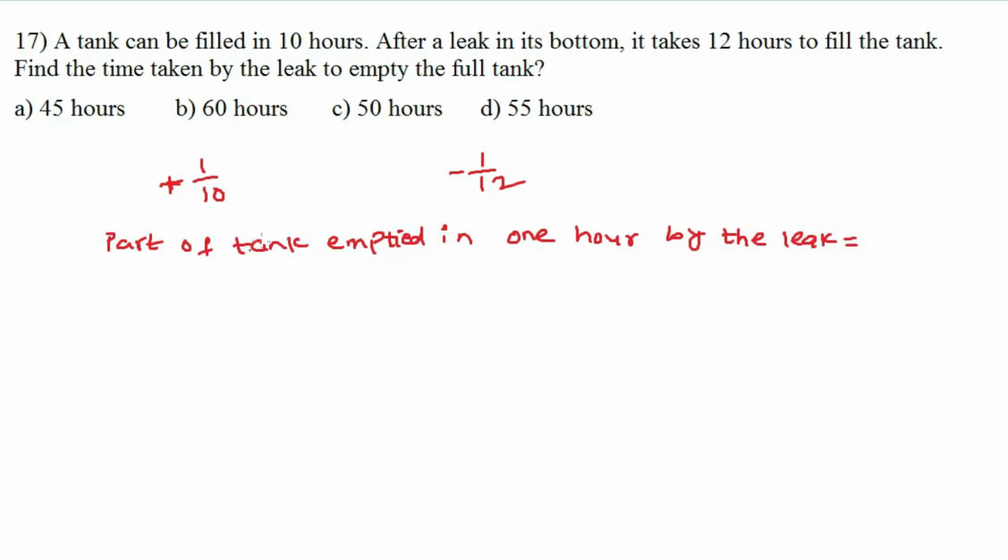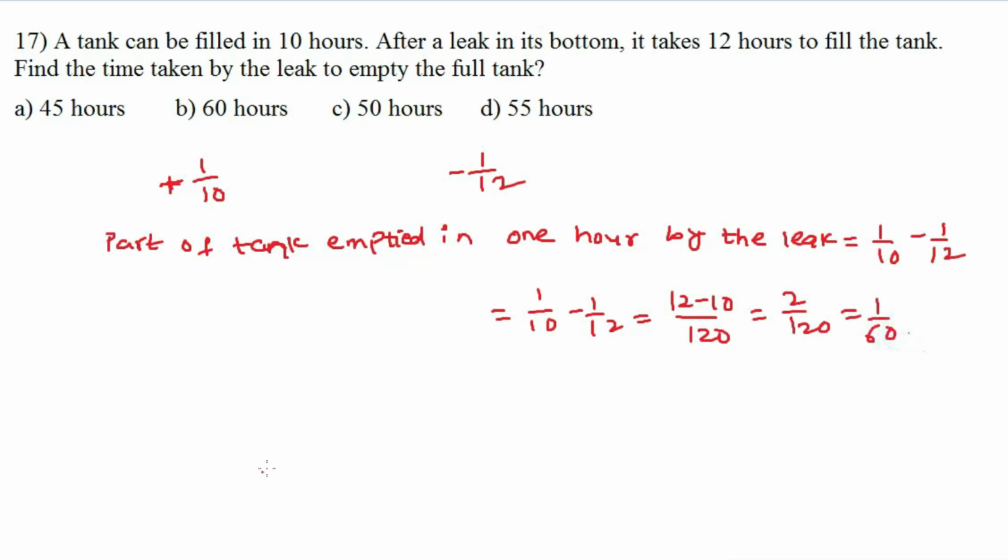A part of tank emptied in 1 hour by the leak equal to 1 by 10 minus 1 by 12. 120 is LCM. 12 minus 10 by 120, 2 by 120 equal to 1 by 60. 1 by 60 of the tank will be emptied in 1 hour by the leak.